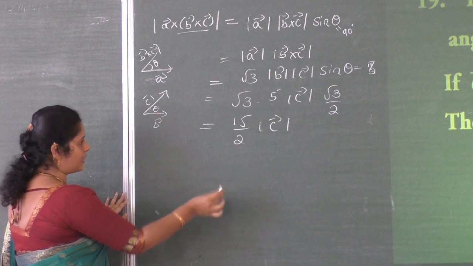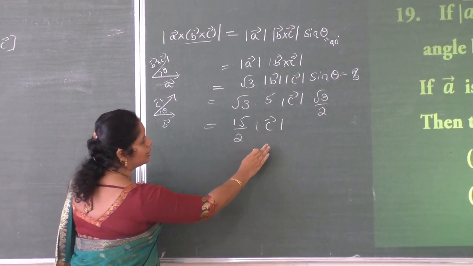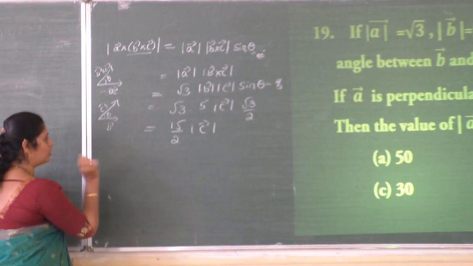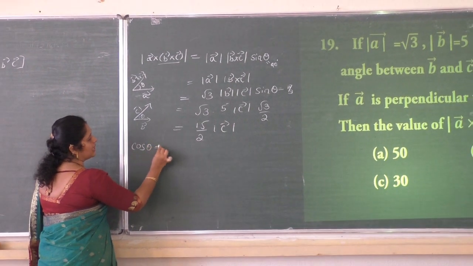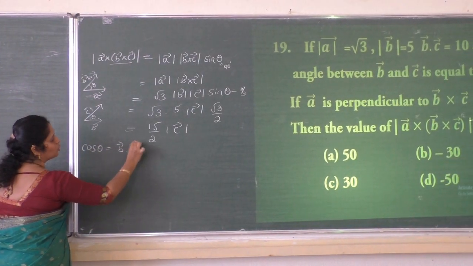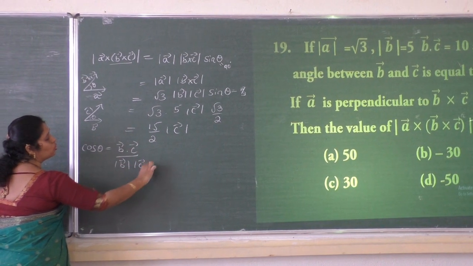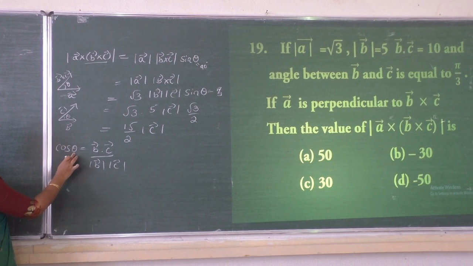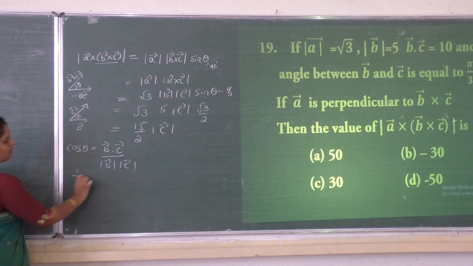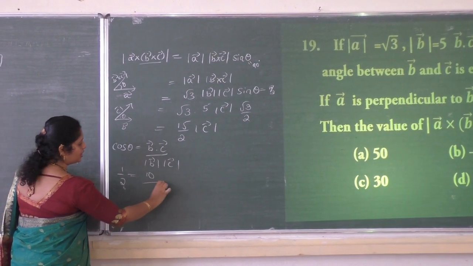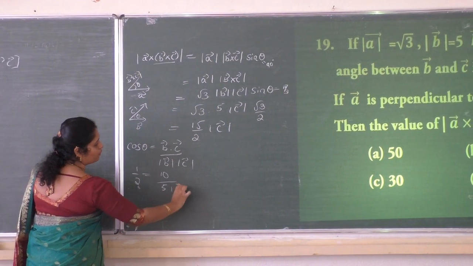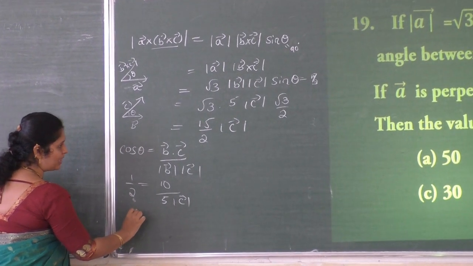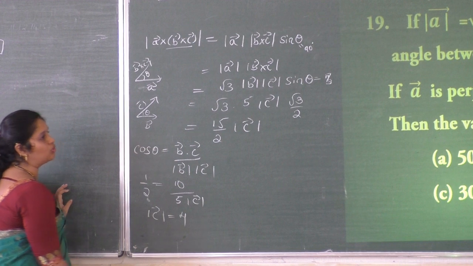We know vector B dot vector C is 10 and we know the magnitude of vector B, and we know the angle between vector B and vector C. So we need to calculate the magnitude of vector C, and I am using this formula: cos theta is equal to vector B dot vector C by magnitude of vector B into magnitude of vector C. Here theta is 60 degrees, pi by 3, cos 60 is half, vector B dot vector C is 10, divided by magnitude of vector B, 5, into magnitude of vector C. Now you can calculate: magnitude of vector C is 20 by 5, which is equal to 4.